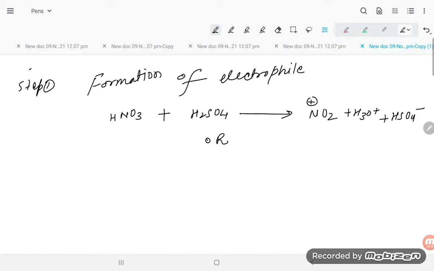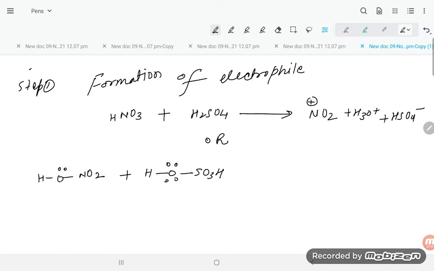Let us try to understand how it is going to form. OH and NO2, and HOH, and we are writing SO3H.